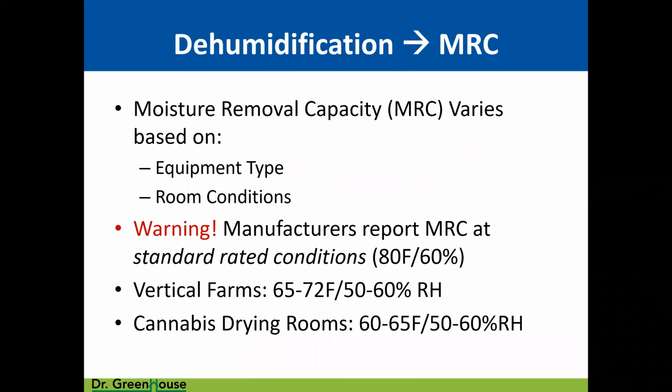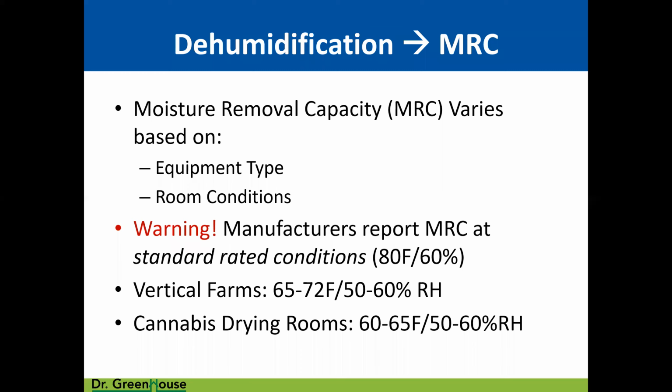Anyway, HVAC equipment isn't super fast at responding to changes in our environment. And here's a big one. Moisture removal capacity varies based on your equipment type and your room conditions. Warning, manufacturers report the moisture removal capacity at standard rated conditions.